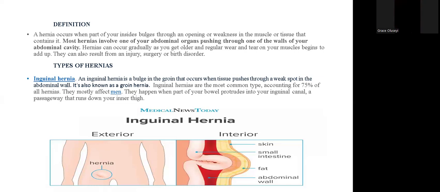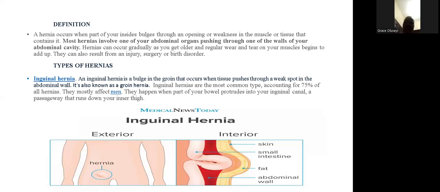So inguinal hernia is what we refer to as groin hernia. Why? Because it appears around your groin. So another name for inguinal hernia is groin hernia. And I said it's very, very common with the men, though it still happens with the women.